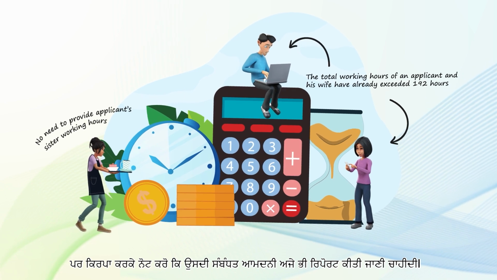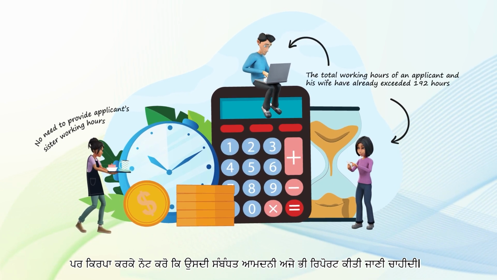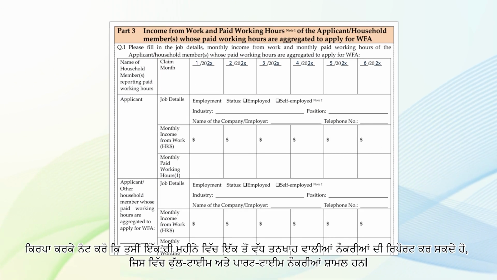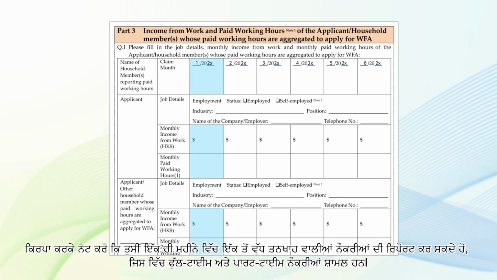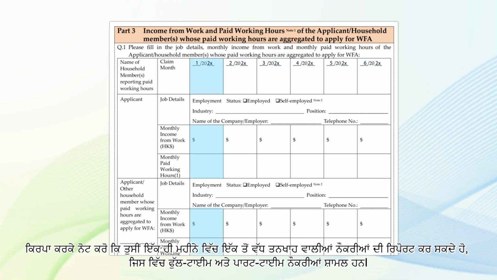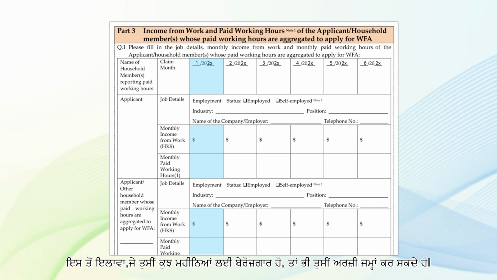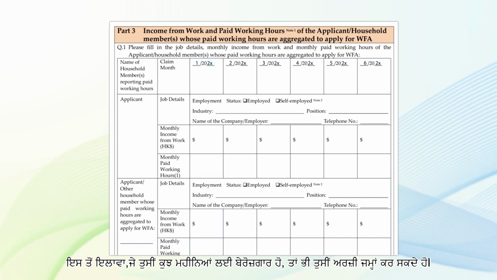But please note that her relevant income still has to be reported. Please note that you may report more than one paid jobs in the same month, including full-time and part-time jobs. In addition, if you are unemployed in some months, you may still submit an application.